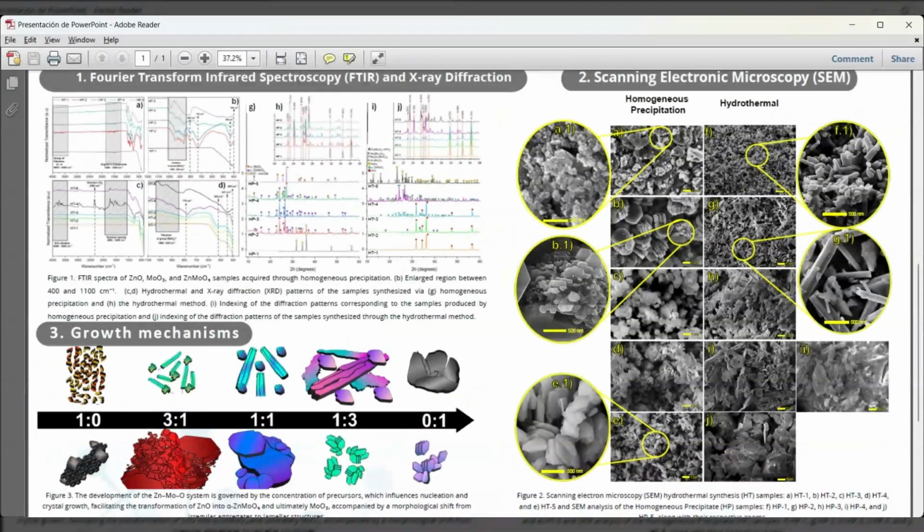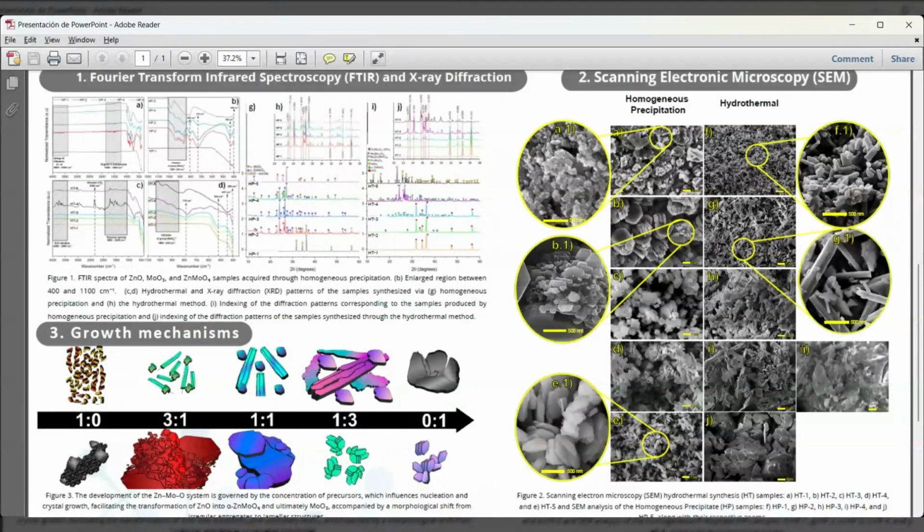With the incorporation of molybdenum, plate-like structures begin to appear in HP2, and this structure becomes more evident in HP3, where zinc molybdate is the dominant crystalline phase. When the molybdenum content is further increased, the morphology changes again, showing irregular clusters, and in the molybdenum-rich samples, lamellar or flake-like structures associated with molybdenum oxide.